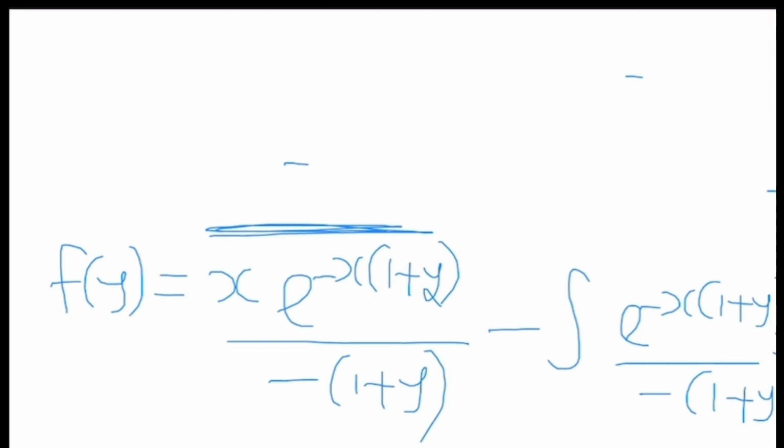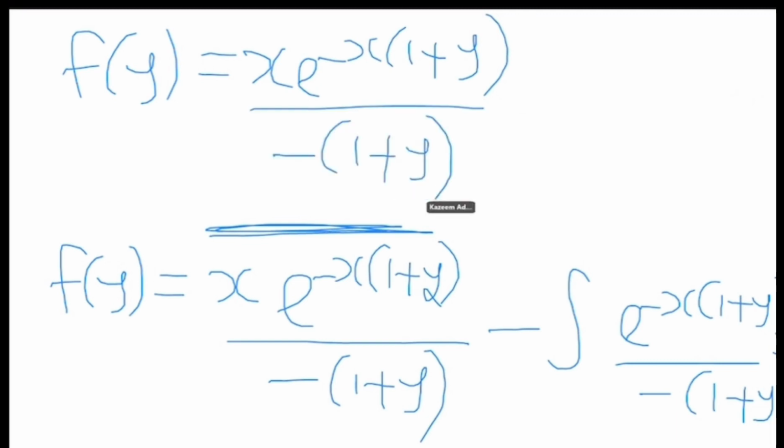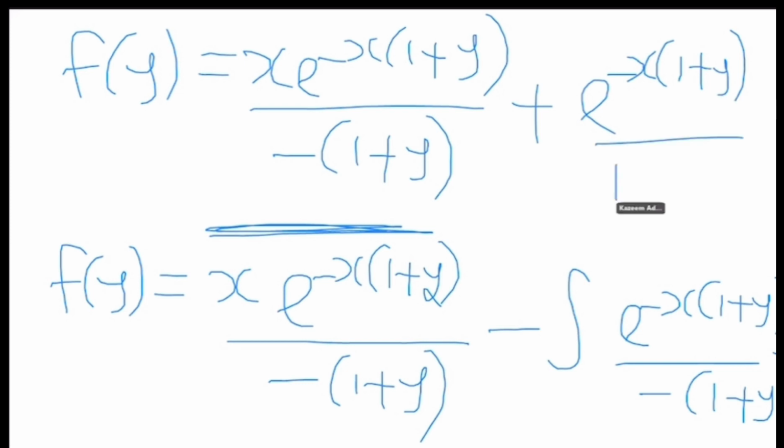So what you're going to do now, you basically have f of y equal x exponential raised to the power minus x into 1 plus y, divided by negative into that guy, minus minus, that's going to be a plus, right? And when you integrate that guy again, I'm going to have this guy 1 plus y, and there's going to be another 1 plus y. Don't forget that it's going to be 1 plus y squared.